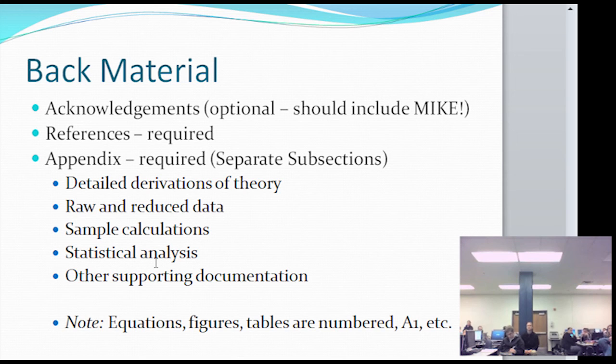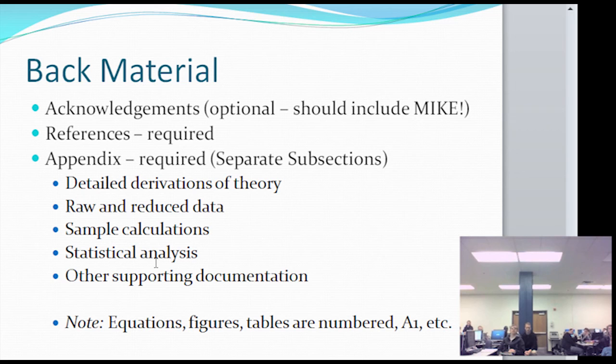Raw data and reduced data. I think Dr. Hedergren's the same. Because you have a massive amount of raw data, I just require a URL address where I can go find the raw data. Anytime you analyzed it, reduced it, or plotted it, that should show up in the appendix. But for pure raw data, just a URL address.